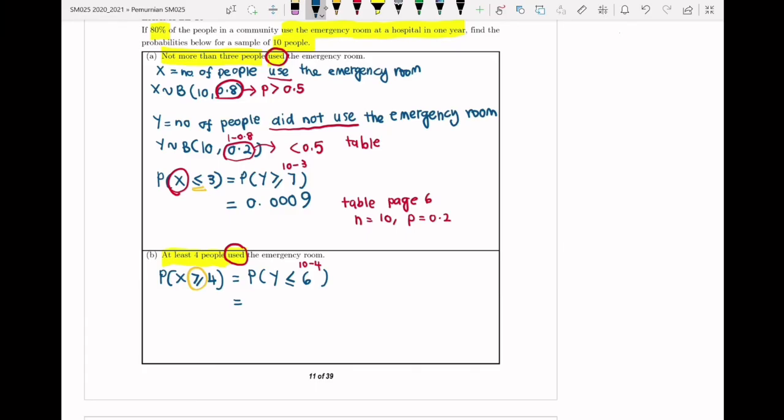But the table only gives values for greater than or equal. So P(Y ≤ 6) equals 1 minus P(Y ≥ 7). We have P(Y ≥ 7) from part A, so 1 minus 0.0009. So the answer is 0.9991.